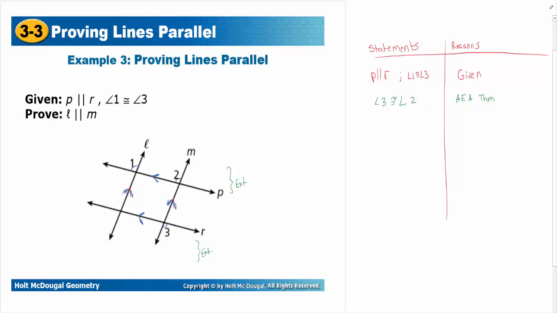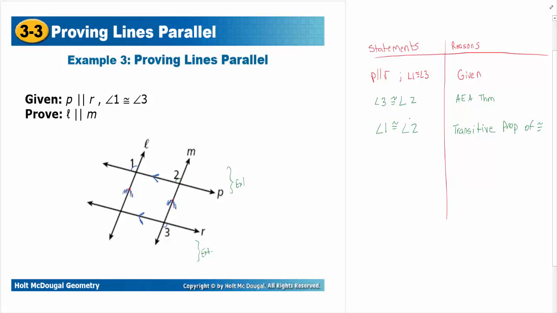At this point, I can cut out the middleman. You don't show that work, but I'll get rid of it. I can now say that angle 1 is congruent to angle 2. I'm getting rid of the 3 in between. That's the transitive property of congruence.